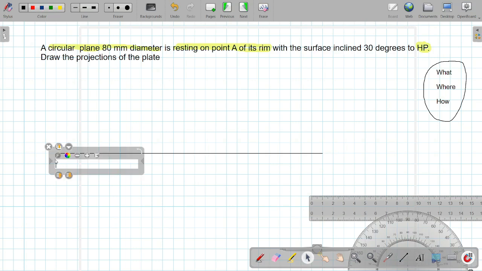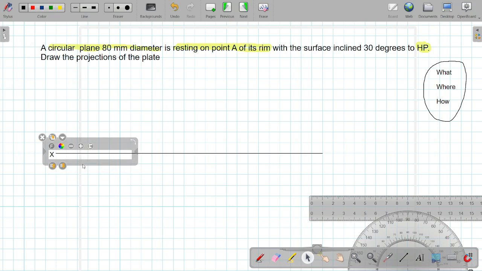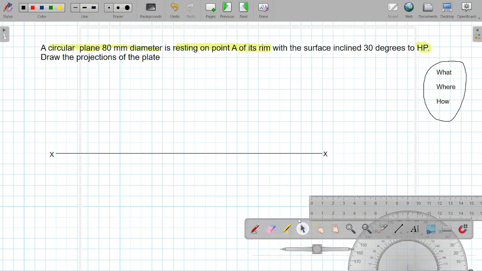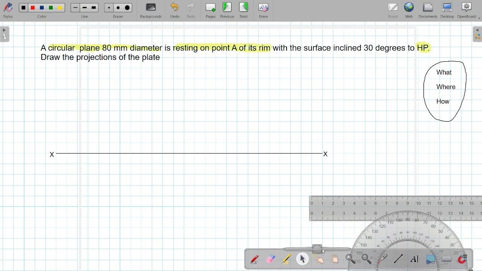So this is X and this is Y. Now making a circle of diameter 80 means radius will be 40. So measuring 40 mm as a radius.